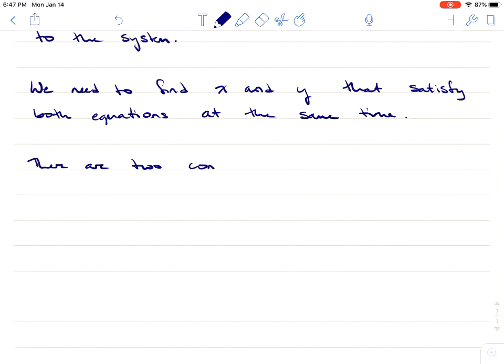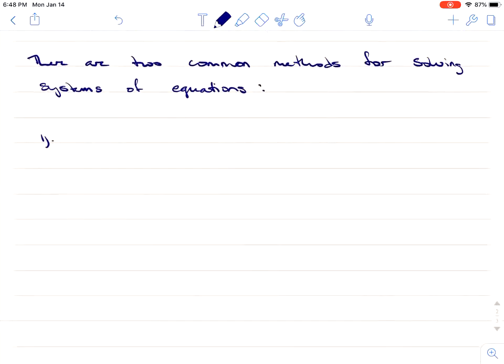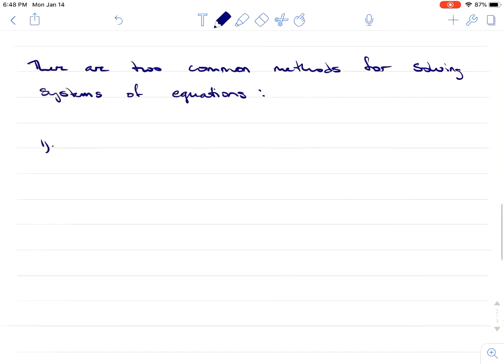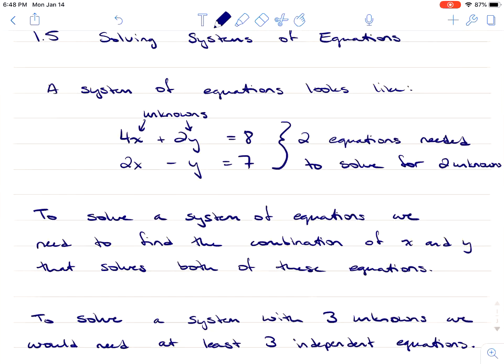The first one is by substitution. I'll write it out in words, but it's going to make more sense once we do it.